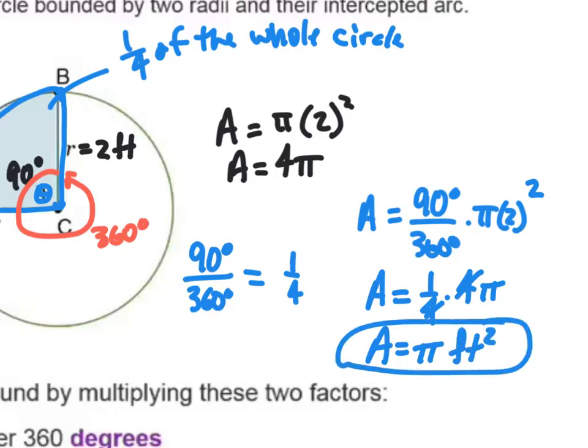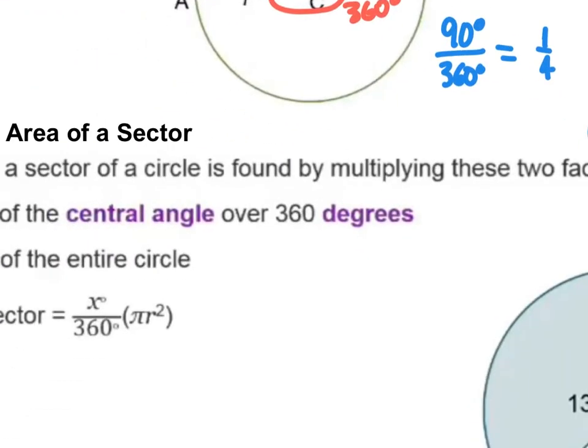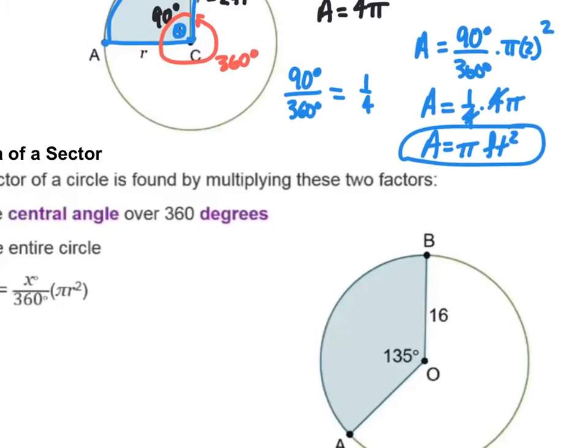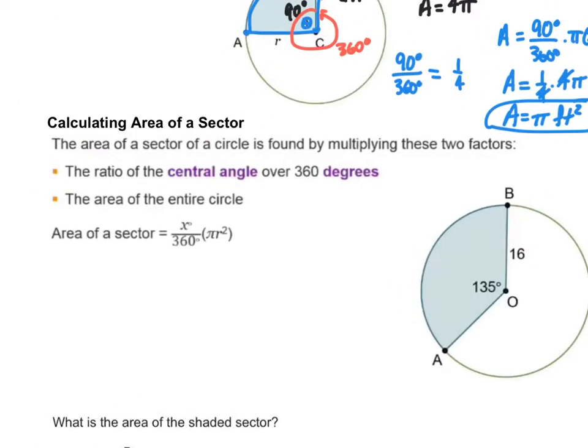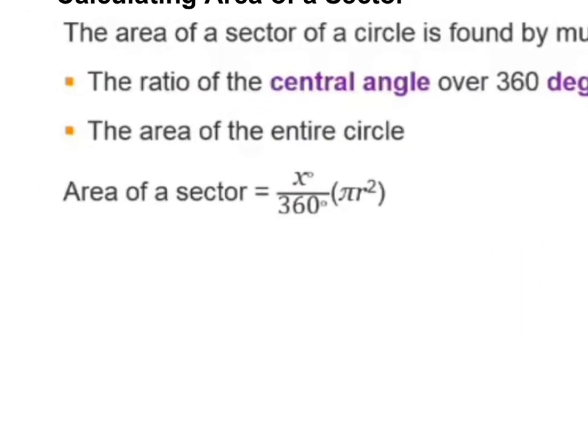I think that's why they call it a pizza pie. I don't know, I made those numbers up. That was just a coincidence. Okay, so let's take a look here. This is the formula for the area of a sector that we want to use. X degrees is your central angle.